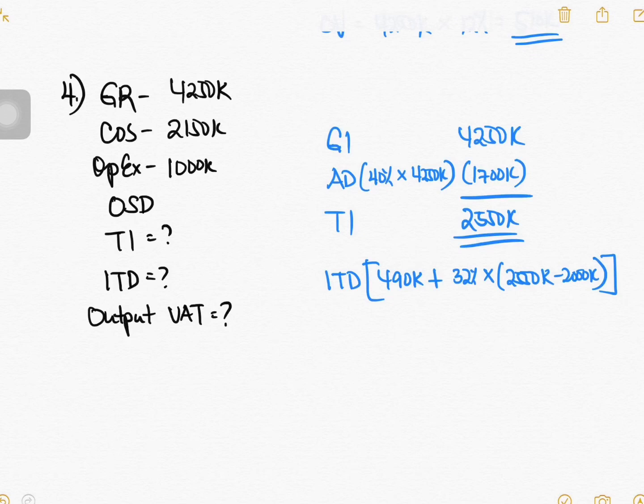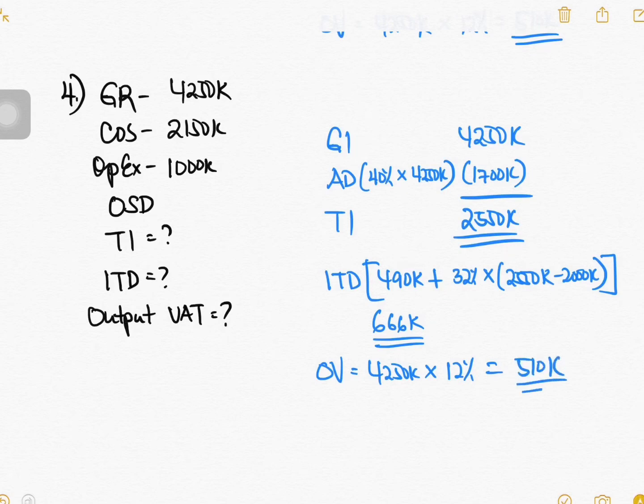I'll just write it here, 666,000. Now what's the output VAT? Get your gross receipts times 12%. It's 510,000.